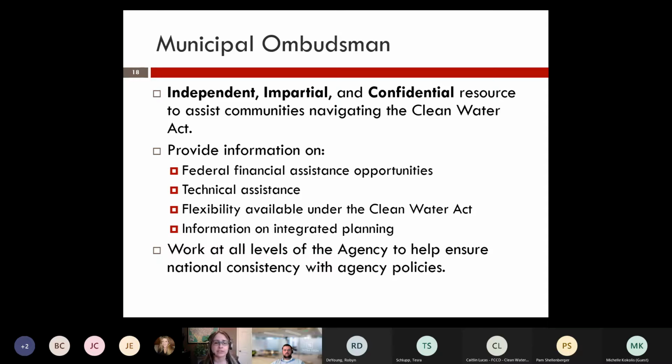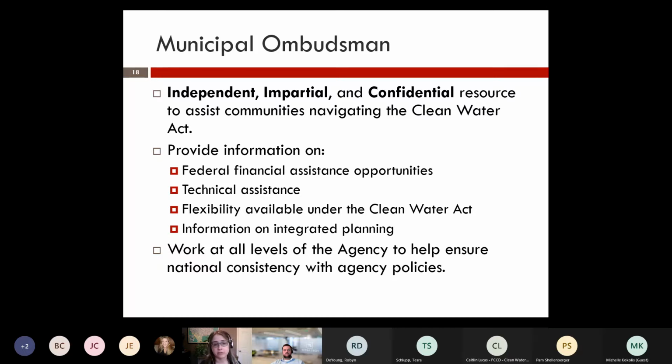And of course, the definition of municipality here is broad. It includes cities, counties, districts, utilities, basically anyone with jurisdiction over sewage.